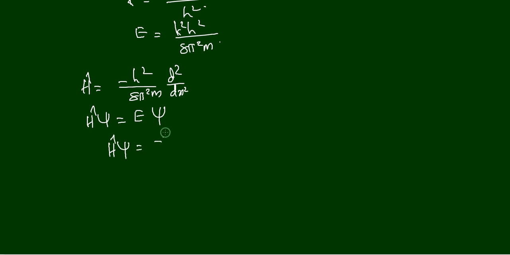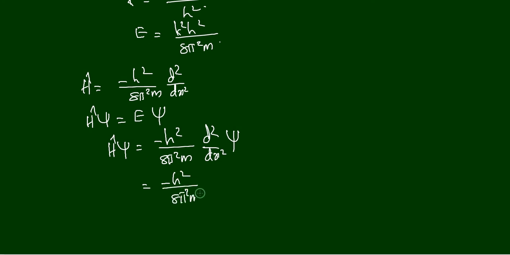H cap psi is equal to minus h square divided by 8 pi square m, d square by dx square of psi, that is equal to minus h square divided by 8 pi square m d square by dx square of psi. What is psi?